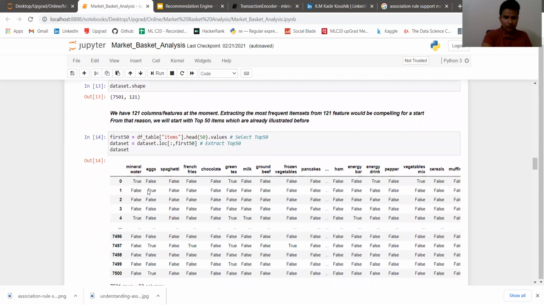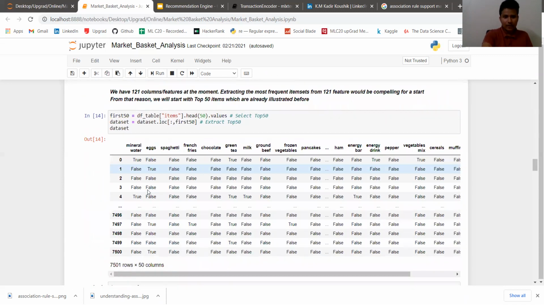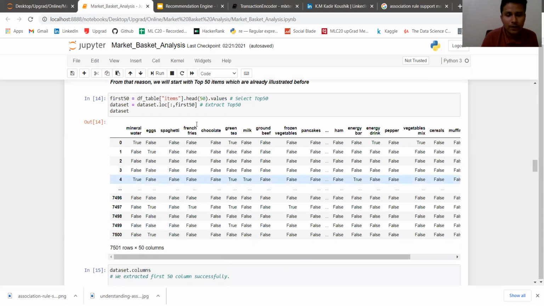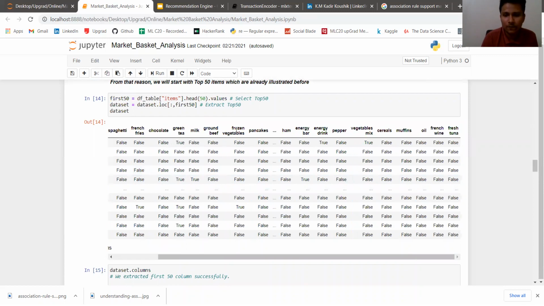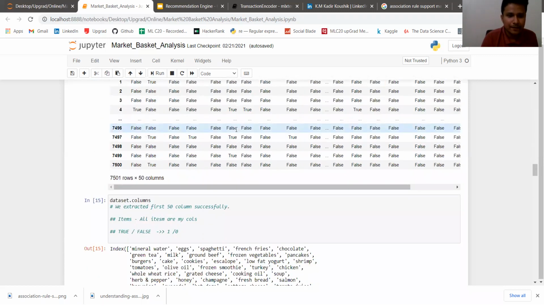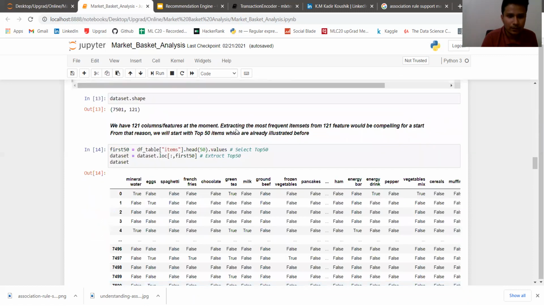For convenience, we're going to take only the top 50 items here, and this is the code for it.